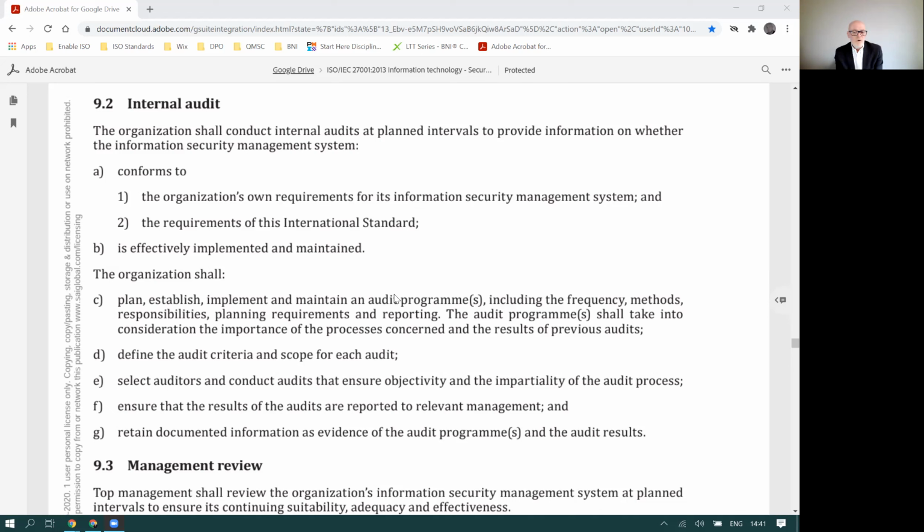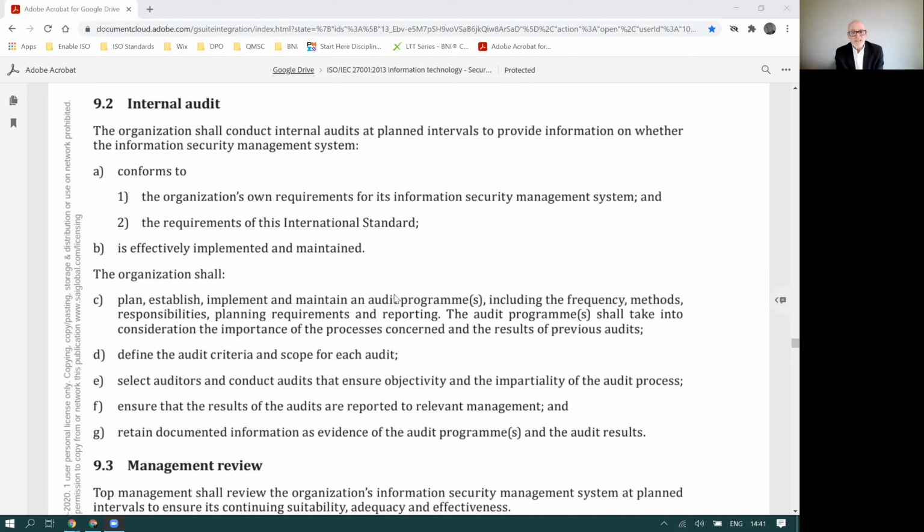So what we've got to consider here really is the requirement for the second part of C, which is the audit program shall take into consideration the importance of the processes concerned and the results of previous audits.